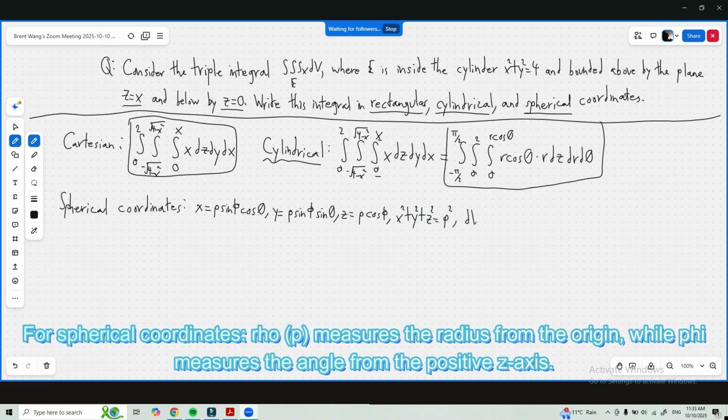And dV is equal to rho squared sine phi d rho d phi d theta. Okay, so let's get started.